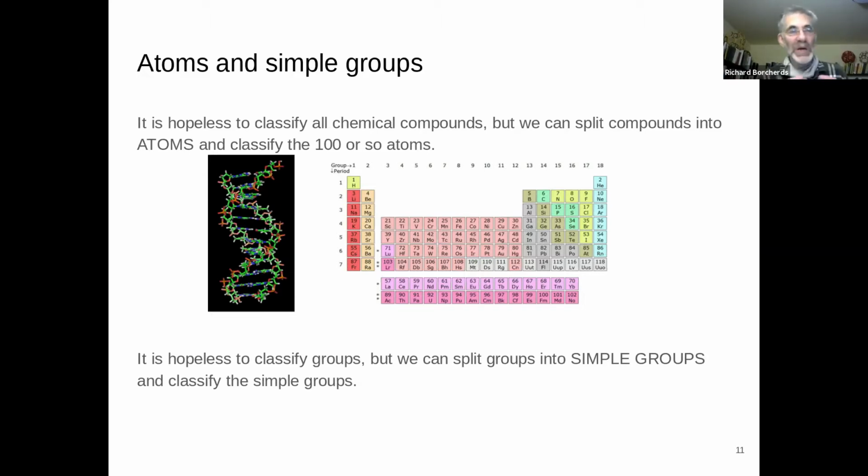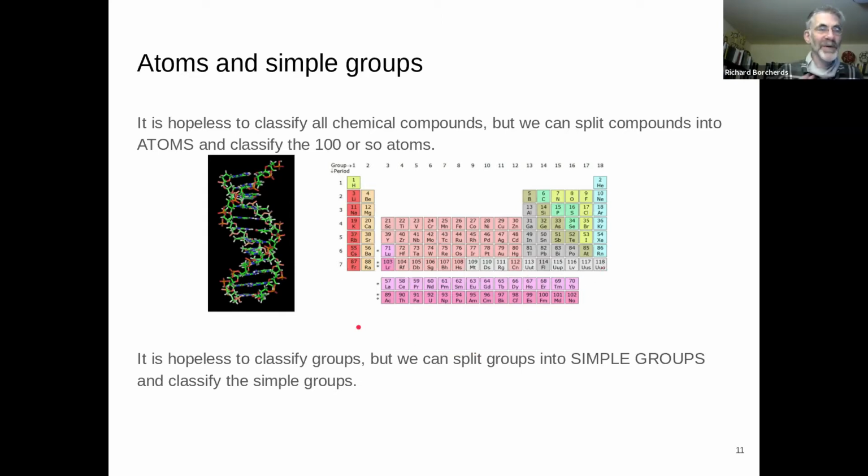There is simply no way you can possibly understand all possible chemicals. So what chemists discovered is that every chemical is built out of elements, and you can at least find all possible elements. So here's a collection of all known elements, which, come to think of it, needs some updating because they haven't named a few of the ones at the bottom.